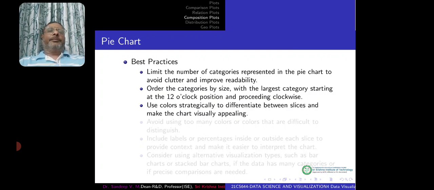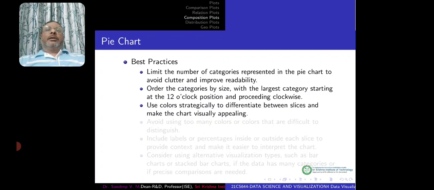The color should be used strategically to differentiate between slices and make the chart more visually appealing. The neighboring slices should have contrasting colors so that it is easy to understand where one slice ends and the other slice begins.